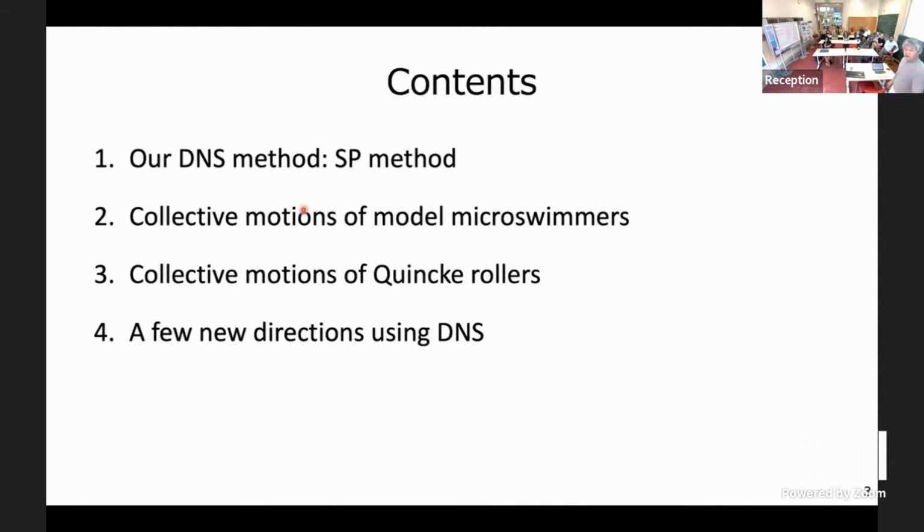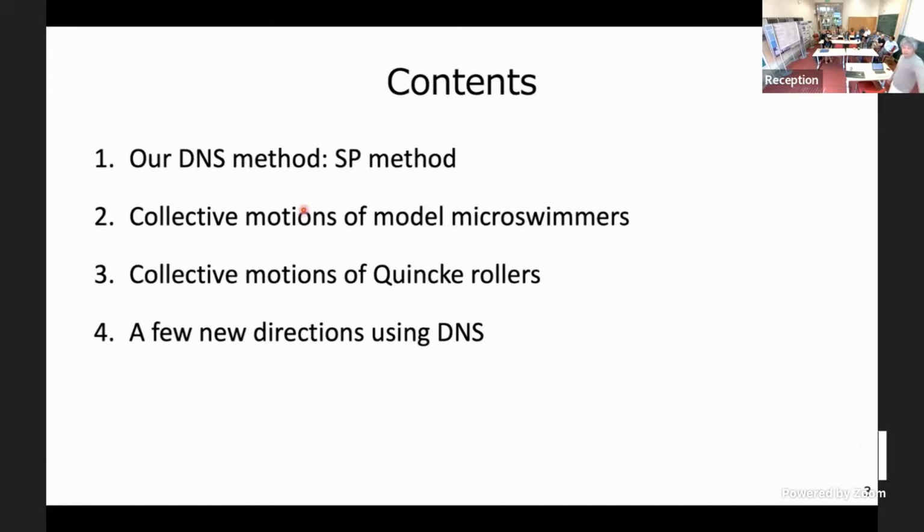Okay, so this is the content of my talk today. Let me first explain very shortly our DNS method, just a flavor of that. I don't want to explain the full detail of that method. Then I will speak about the collective motions of model microswimmers.